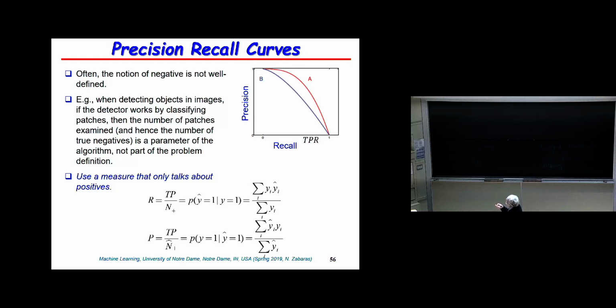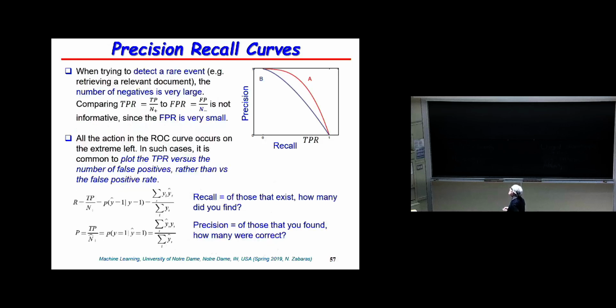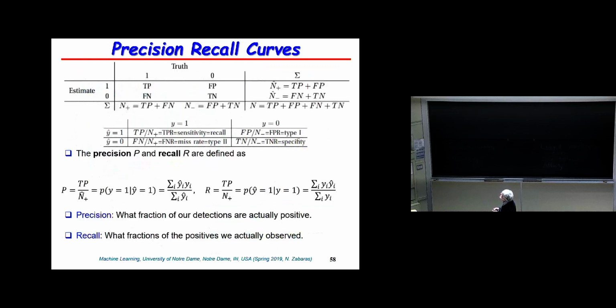And this curve is called a precision recall curve. The optimal situation now is when this curve is asymptotically touching the true positive rate equal to 1. So coming this way, touching down all the way. Okay, we discussed this. I gave you the definitions.